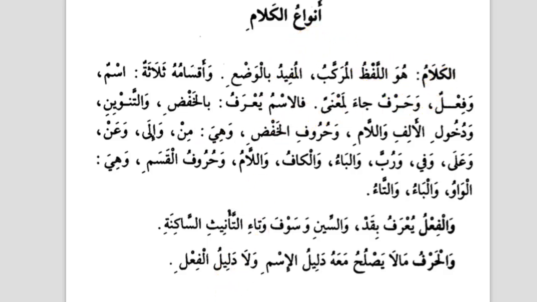So first of all, let's look at what sentences are. A sentence is basically something like, if I was to write, let's say, Zaid is a man. This is what we call a sentence. In Arabic, you call this thing a kalam.